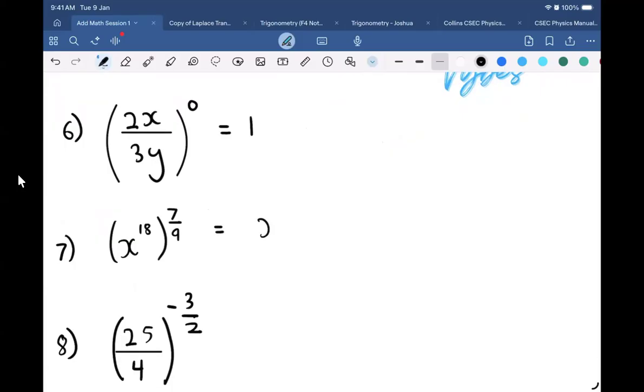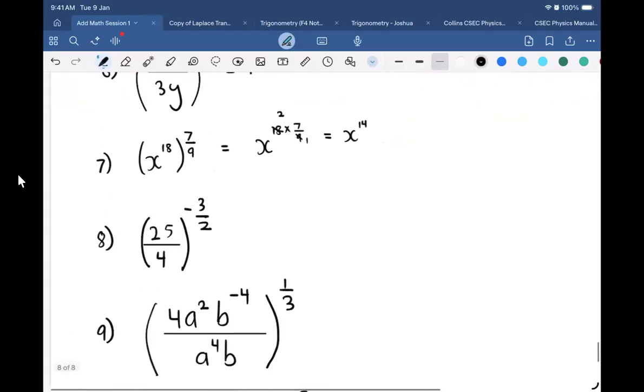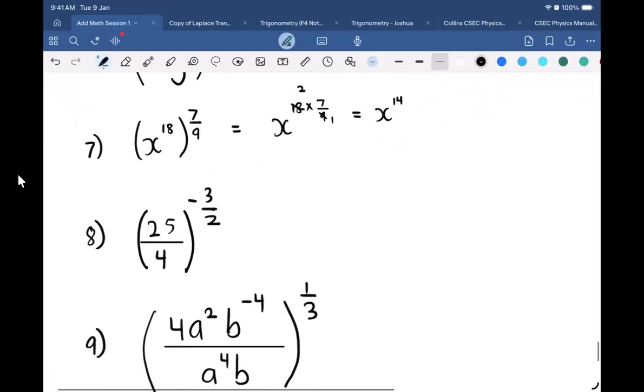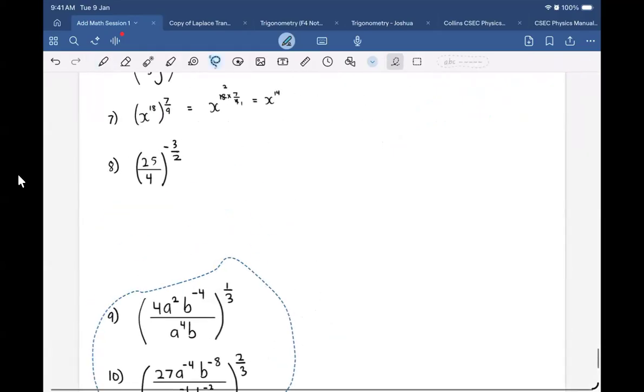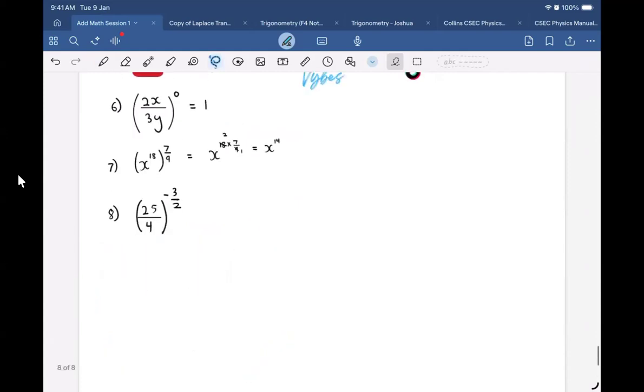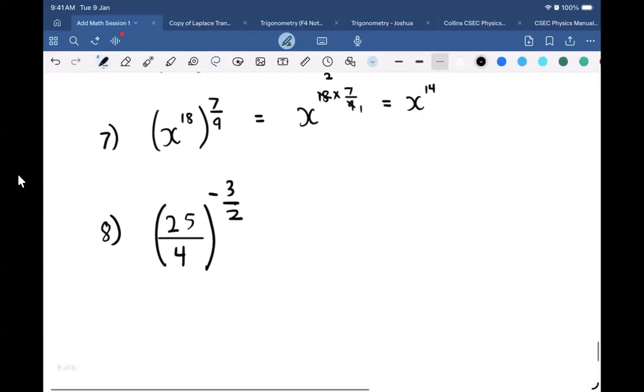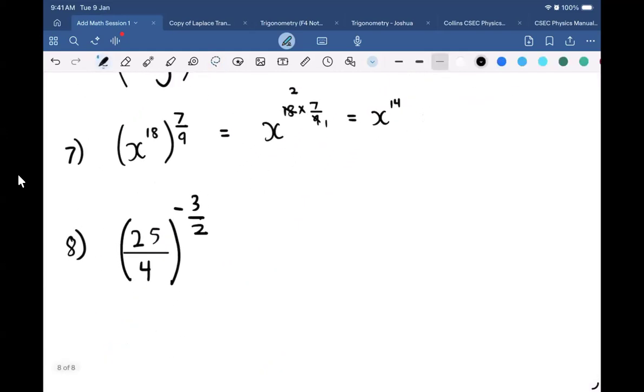So that's just going to be x to the power 18 multiplied by 7 over 9. 9 into 9 is 1. 9 into 18 is 2. 2 by 7 is 14. So x is going to be to the power 14. Yes, right? Question 8. Now there are multiple ways you could work this one. I'm going to show you all the ways to work question 8. So the first method. So Shay, how did you do this one?